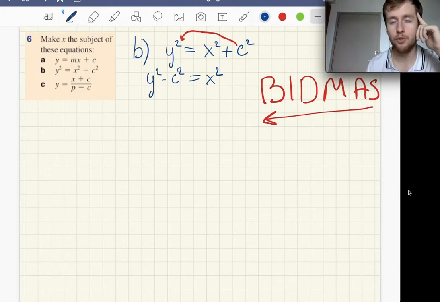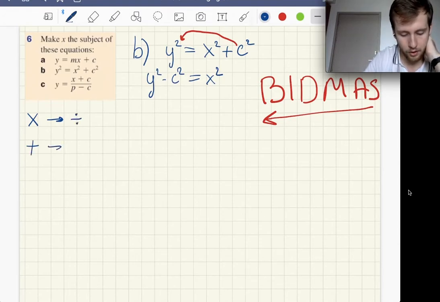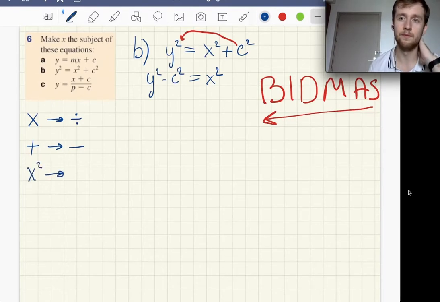So what we have to do is somehow get rid of the square. Okay, so before, as I told you, opposite to multiplication there is division, right? Opposite to plus, there is minus. What is the opposite to a power 2?